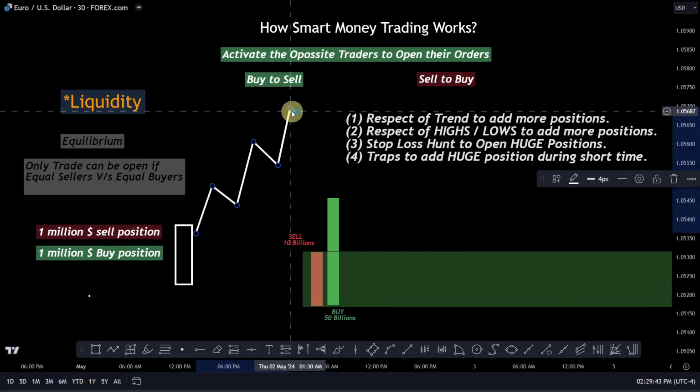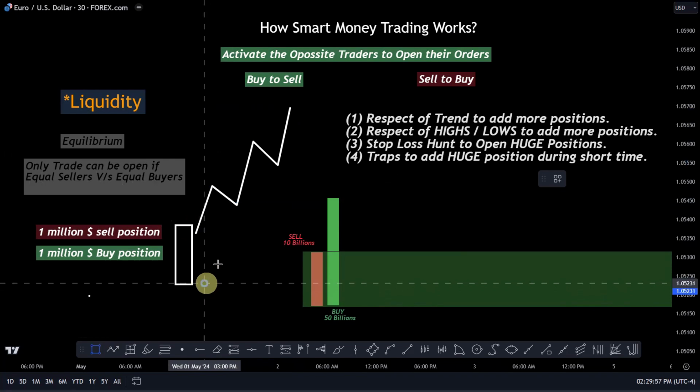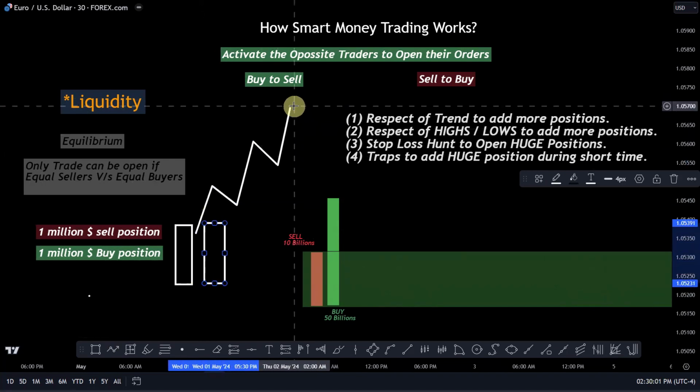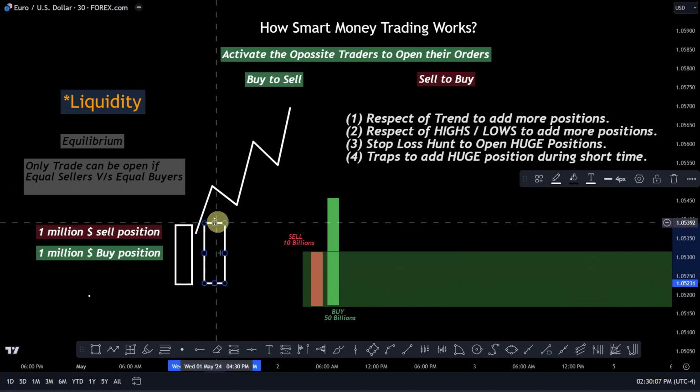Most people think that the money the other participant is losing comes from the broker, but that is not the correct answer, because when you take a buy trade, your buy trade is connected with the sell trade of a seller. That means when the price goes in your favor, you make the profit, but the profit you're making is the money that a seller is losing with his sell trade.